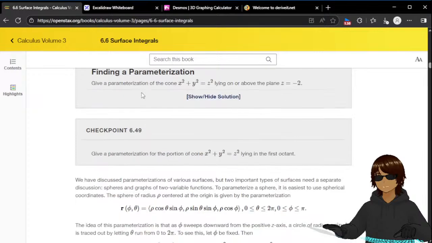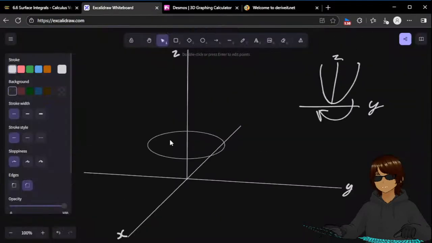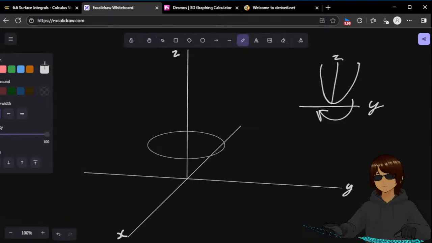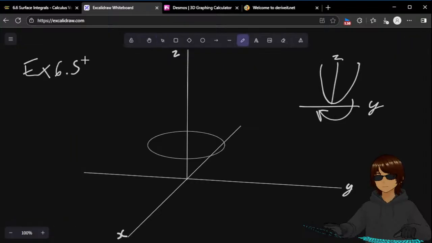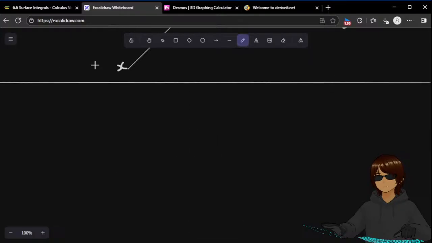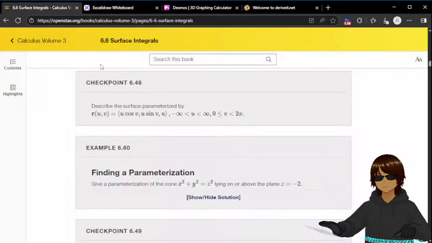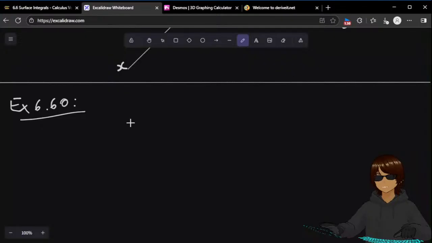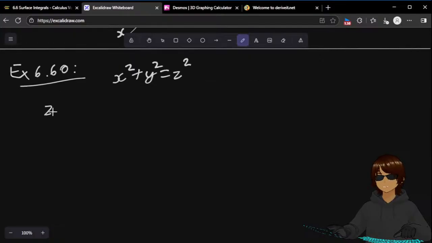This was Example 6.59; this is 6.60. x squared plus y squared equals z squared. Let's say z is equal to t. Then we have x squared plus y squared equals t squared. But that doesn't help, right?